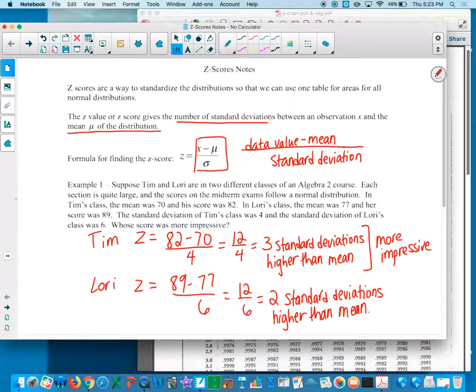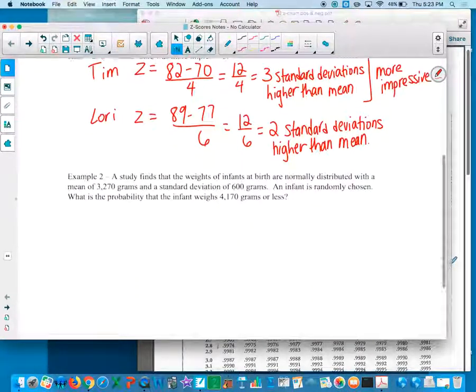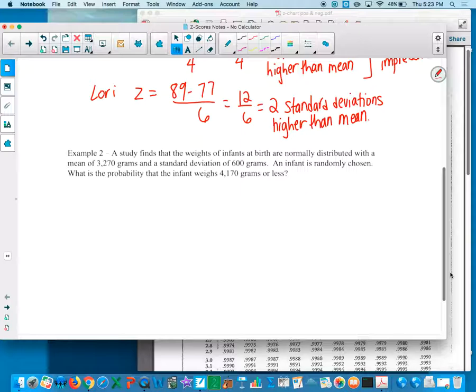Okay, so now we're going to look at a standard deviation that's not something exact and how we can use the chart to find our values. So a study finds that the weights of infants at birth are normally distributed with a mean of 3,270 grams and a standard deviation of 600. We choose an infant at random.